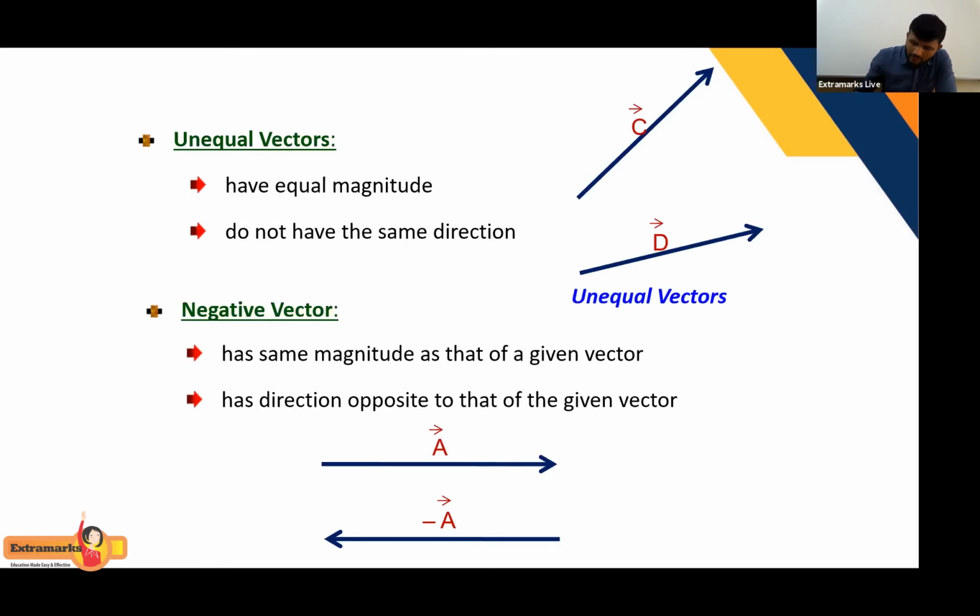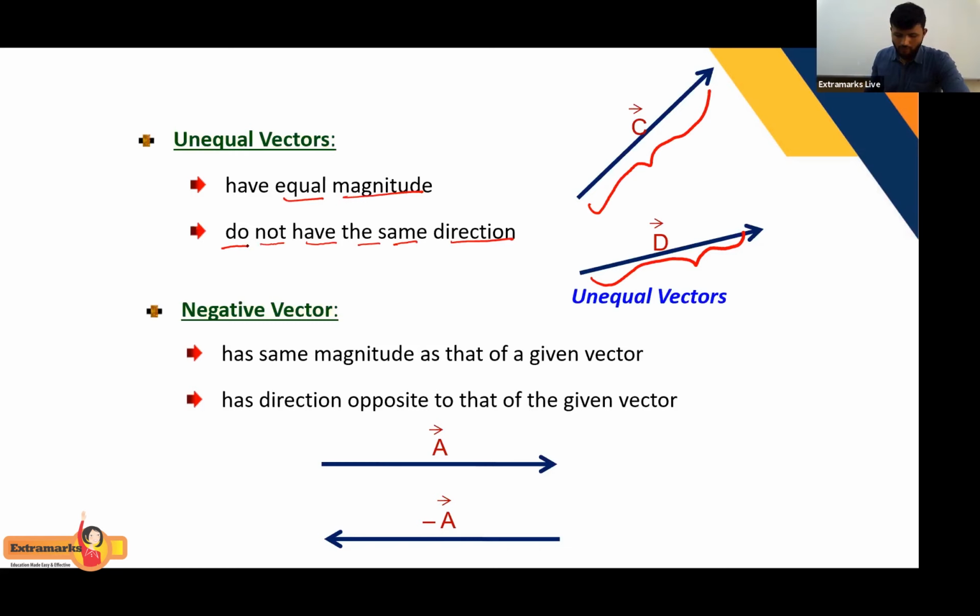So here I can see both C and D have the same length, but they have different directions. That's why they are called unequal vectors, right? They have equal magnitude and they do not have the same direction.